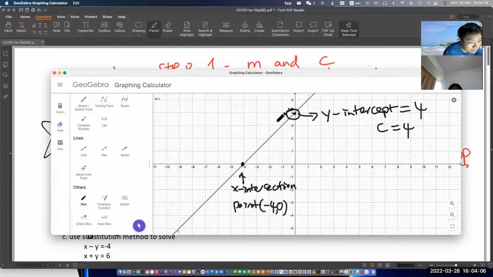So do you get this? Do you get the y-intercept c equals 4? And then do you get the x-intersection point at -4 and 0? If you get that, then you are right. Okay? Do you get these two? Correct? Hello?